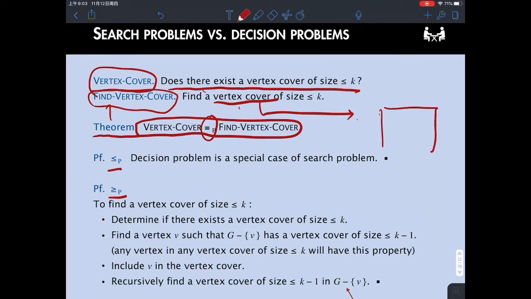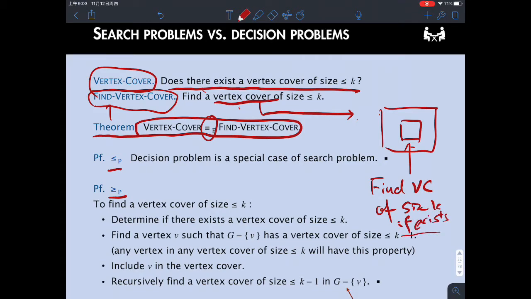Suppose I have a black box that helps me find a vertex cover of size k if it exists. Of course, if the input doesn't have such a vertex cover, there's no way to find anything, right? Now what we can do is the reduction: we want to use this black box to solve the decision version of the vertex cover.